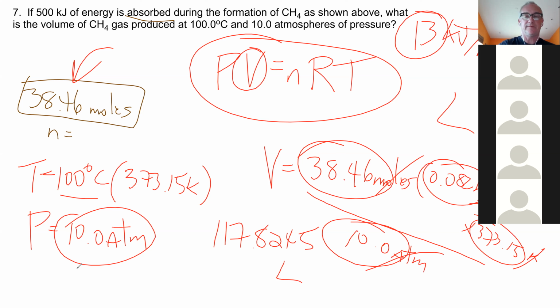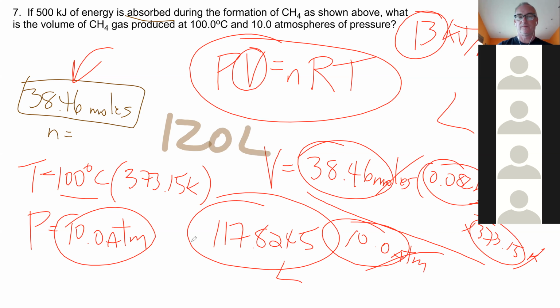So if we want to take that number and round it to 2 significant digits, what's our answer? 120 liters. Yep, exactly. So our final answer would be 120 liters.